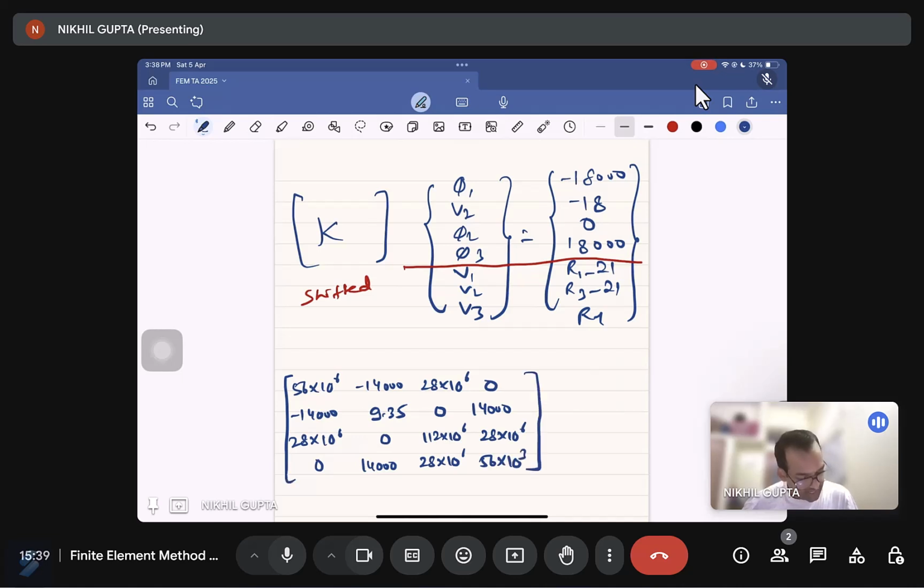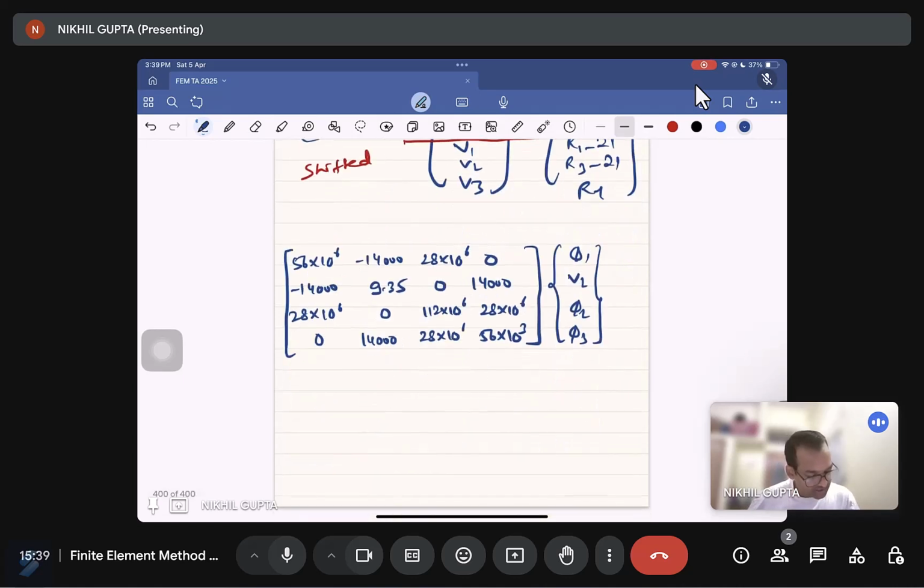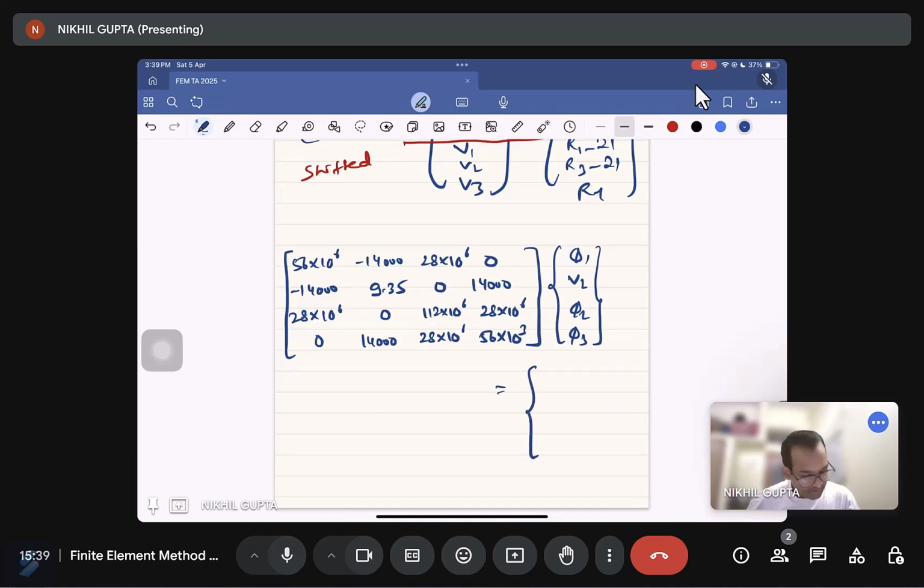So this is the K reduced, and here it will be phi 1, V2, phi 2, phi 3, and the RHS will be minus 18,000, minus 18, 0 and 18,000.